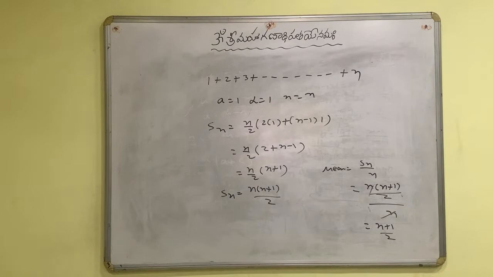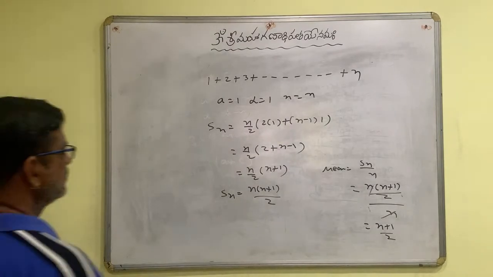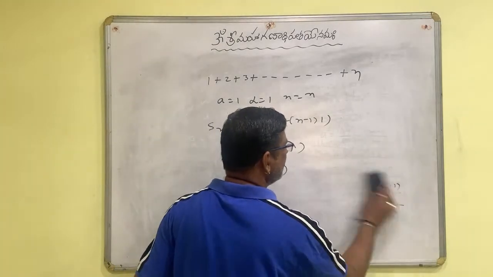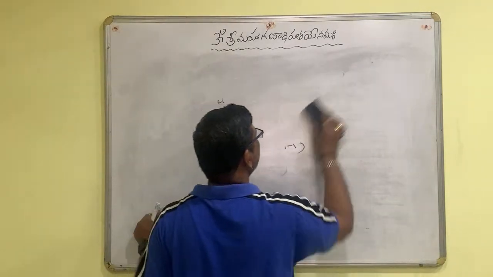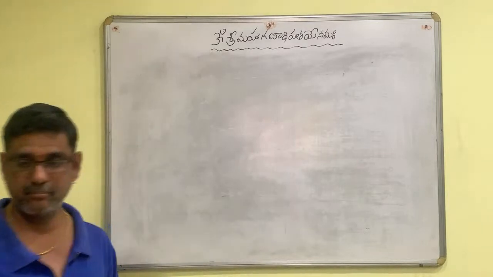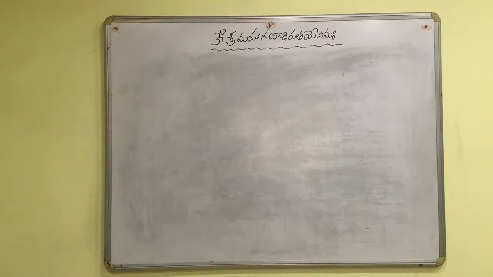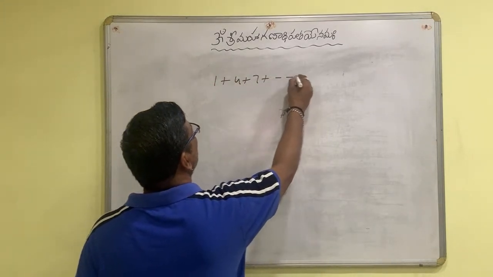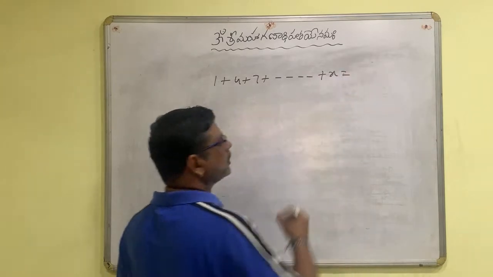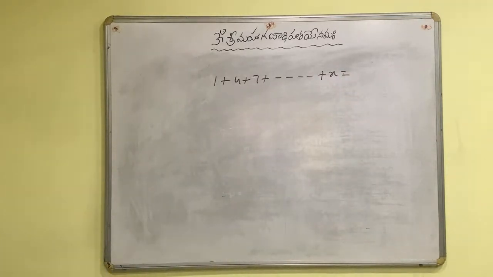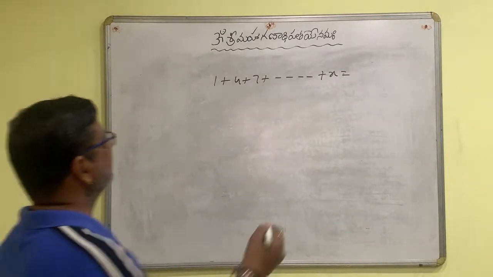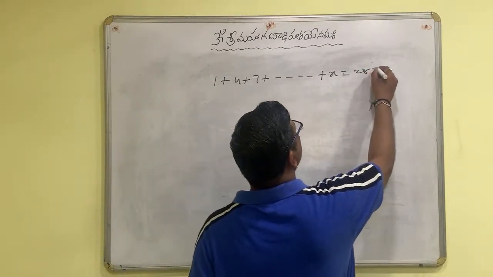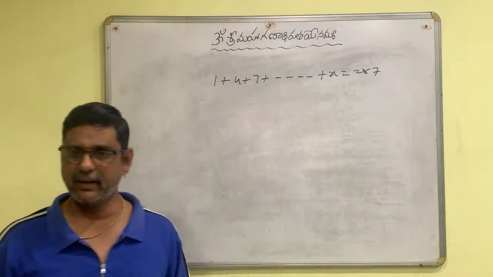So, today's last question. Last question for today. 1 plus 4 plus 7 plus so on plus x is equal to 287. Can anyone find what is x?